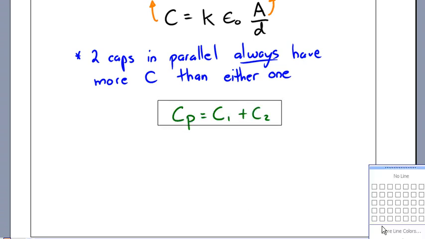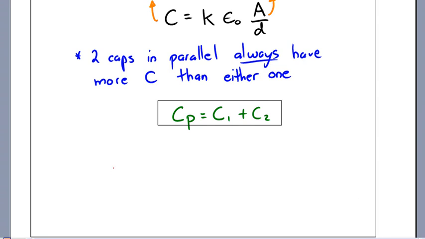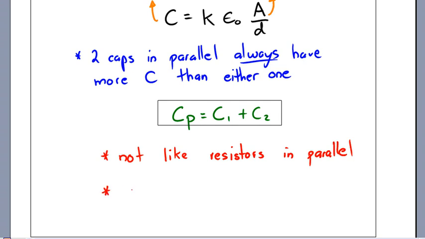Now, this is not like resistors that were in parallel. Okay, so just be careful with this. Worth a note here. Not like resistors in parallel. But I've heard this story before about, oh yeah, yet another one, it's always more, and you simply go R1 plus R2, but that was when resistors were in series.